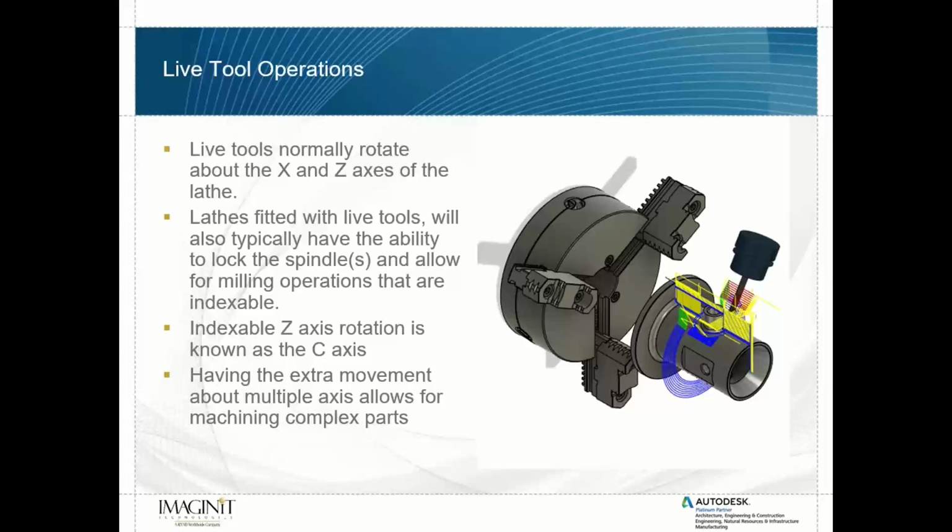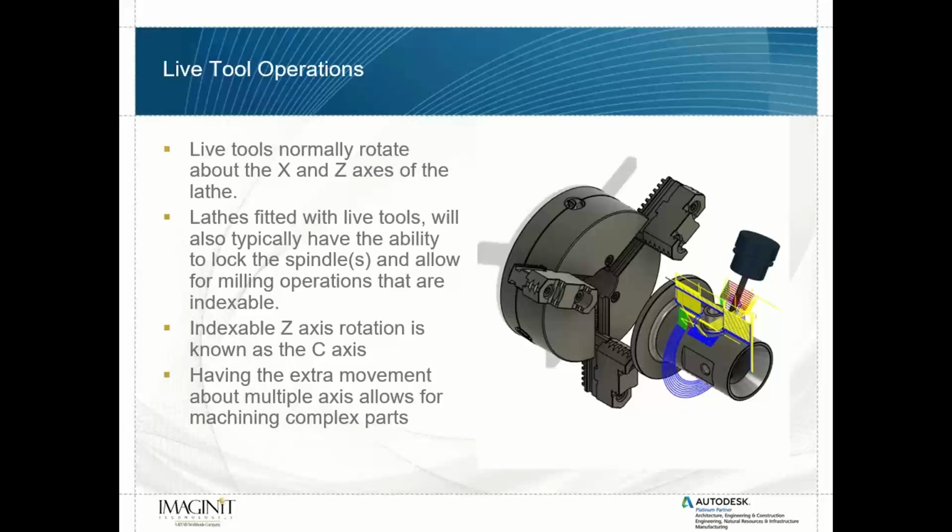A lot of these smaller live tool lathes will have what's called a Y-axis. Okay, so if you already know about lathes, we have our normal X and Z axis that the tool will profile a part around. And a lot of lathes will also have an indexable C-axis.